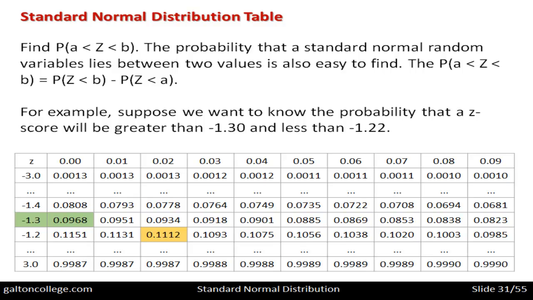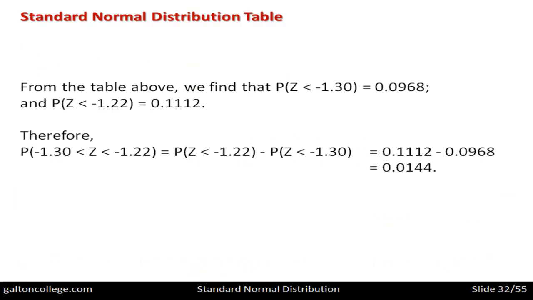Well, the probability of less than minus 1.3 is 0.0968, indicated in green on the table, and the probability of it being less than minus 1.22 is given in the table as 0.1112. So once we've got those two figures, we can perform the calculation.